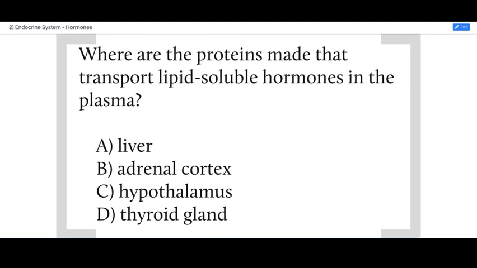Now, consider the question, where are the proteins made that transport the lipid-soluble hormones in the plasma?